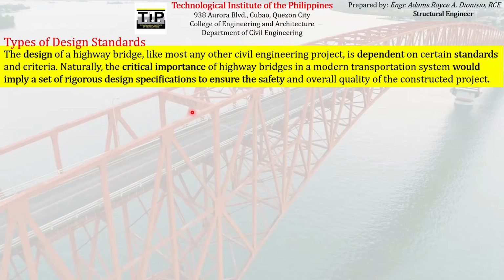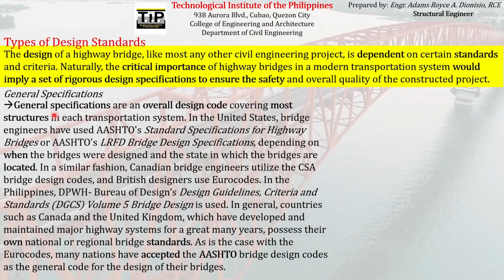So there are actually two types of design standards that we will study in this discussion. The first is the general specifications. General specifications are an overall design code covering most structures in each transportation system.